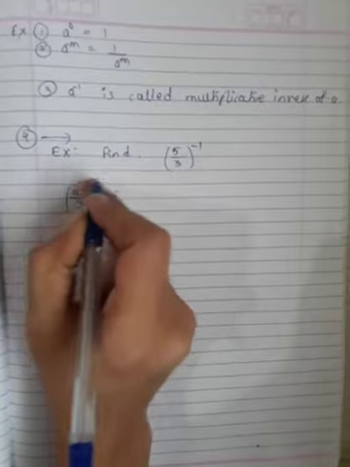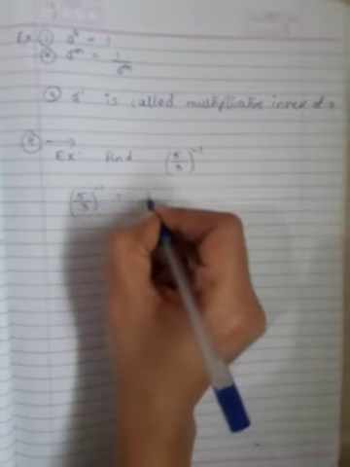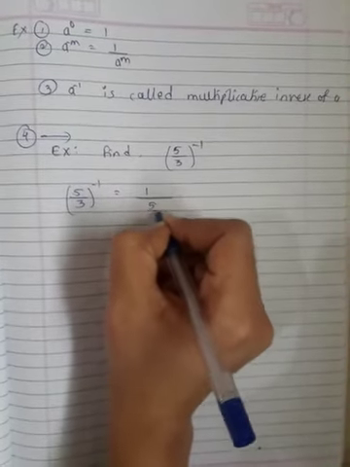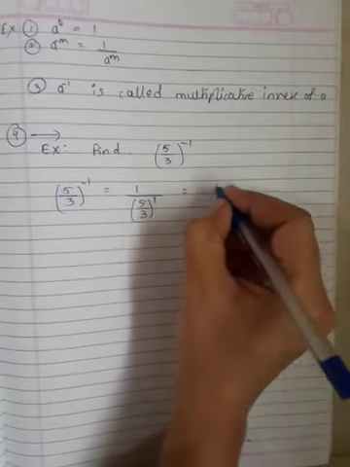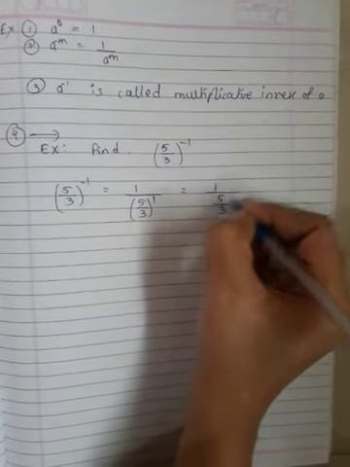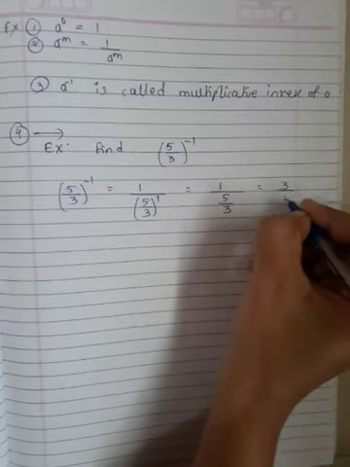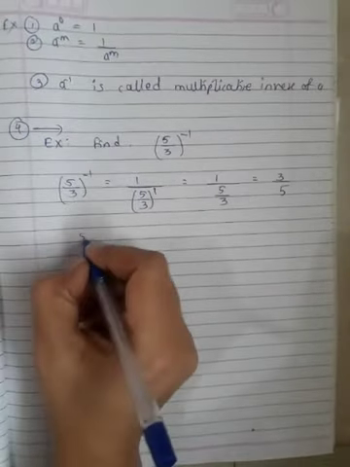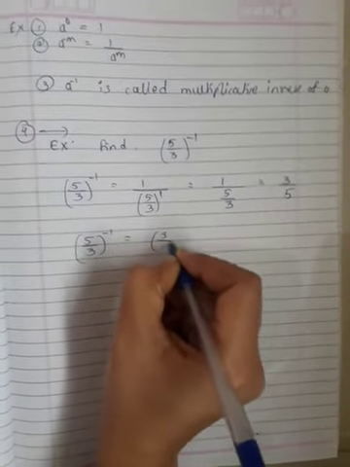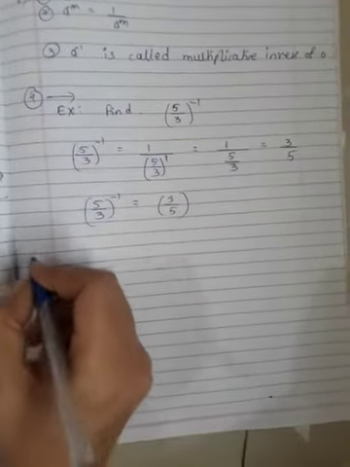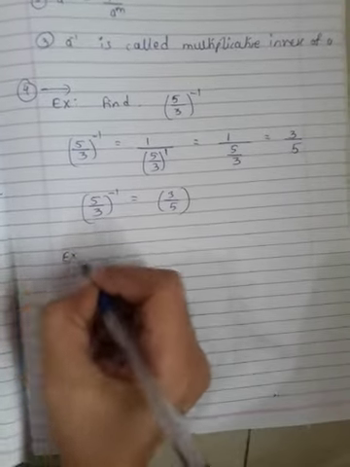It means the multiplicative inverse of 5 by 3. So we know it is 1 upon 5 by 3 raised to 1, and 1 upon 5 by 3 is nothing but 3 by 5. So here 5 by 3 raised to minus 1 is 3 by 5.